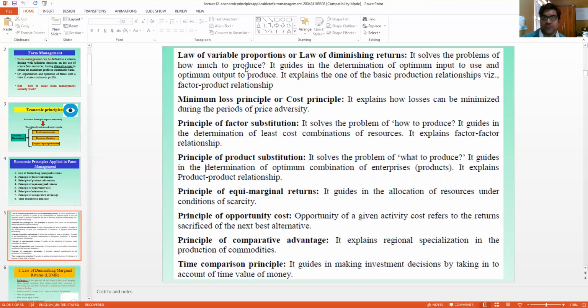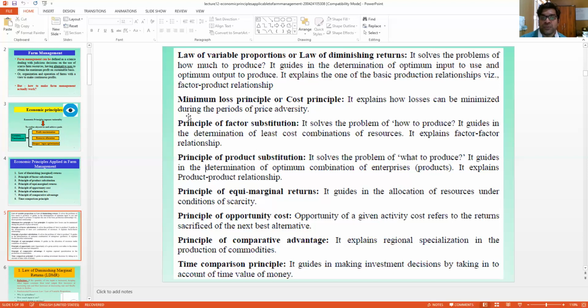We know the profit rules of this. We'll be seeing it. Okay, so all these laws have got profit rules, right? So here you see, this law helps in determination of the optimum input to use as well as the optimum output to be produced, right? So as I told you, the factor-product relationship is governed by this law, right?